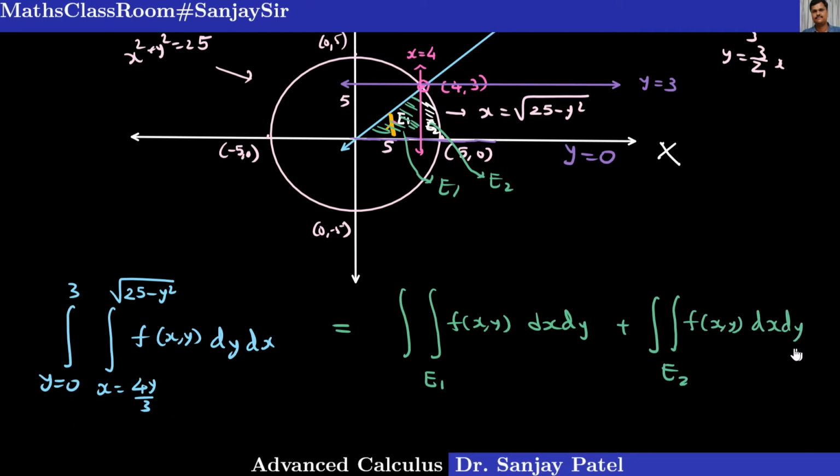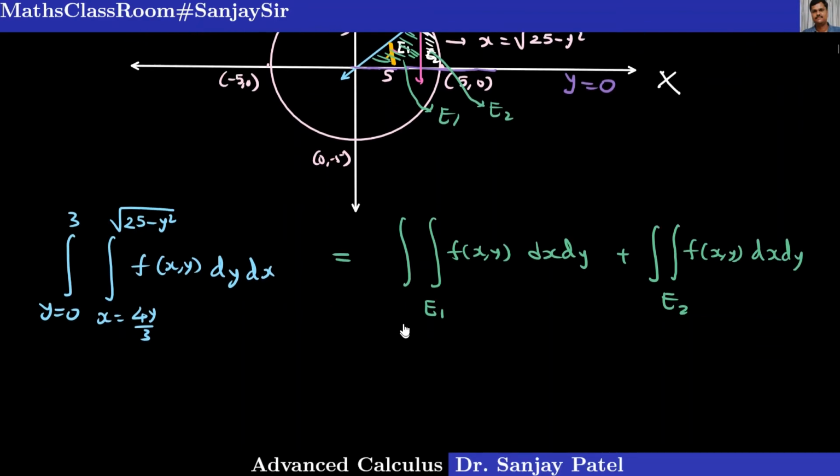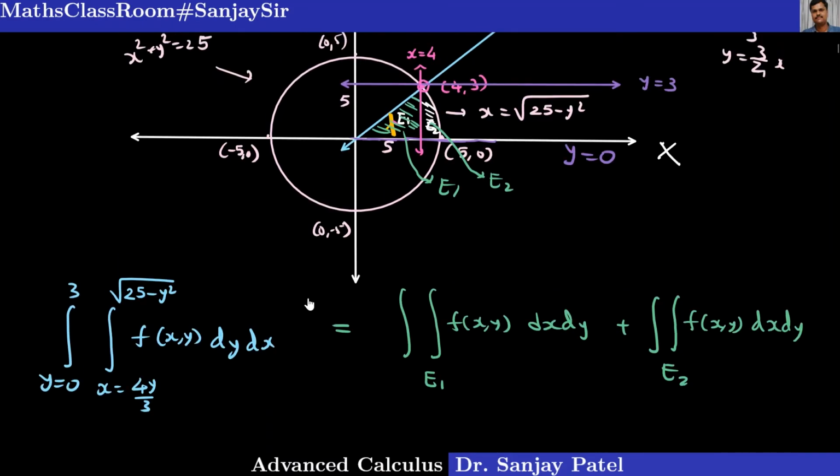Here it means with respect to y first and then with respect to x. So now we have to write the limits of integration for both the regions to get the changed order.